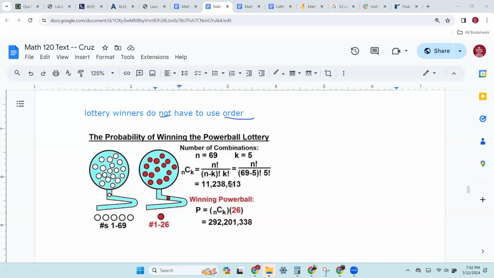And so that is 11 million. I just noticed something here. That should be up there, a 69 factorial.